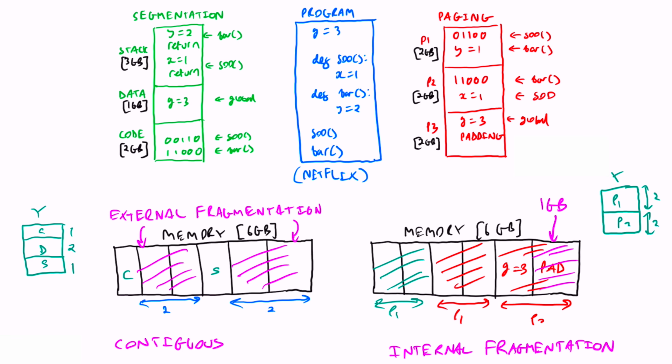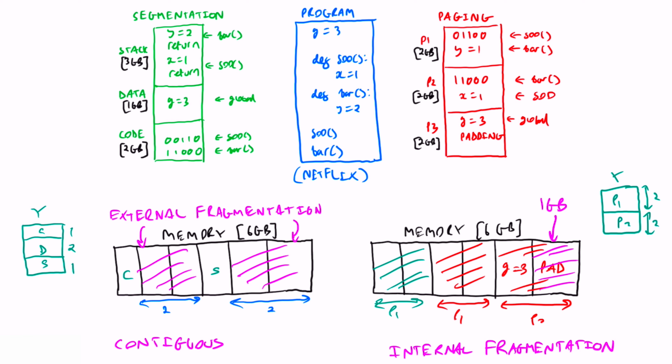So you can see the difference between segmentation and paging. Segmentation is nice and clearly logically separated. However, this leads to variable sized segments, and so we could get external fragmentation, as the requirement is we need contiguous blocks of memory for our variable sized segments.